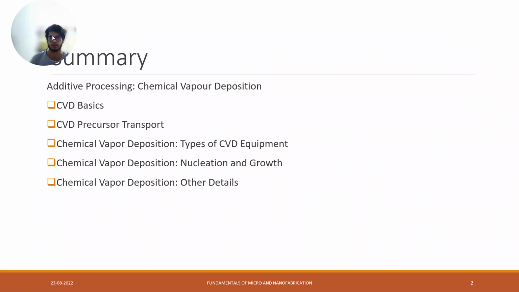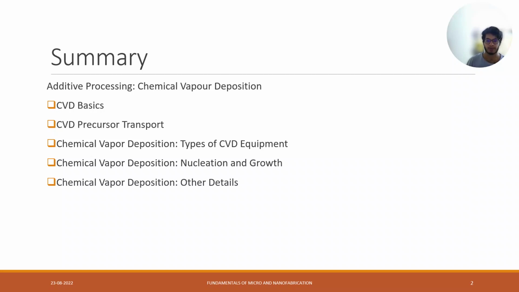This week of the course dealt with the basics of CVD. The first video was on the basics of CVD, and the second was on precursor transport in CVD systems. Then we went on with the practical aspects of CVD, the equipment and how they are controlled.